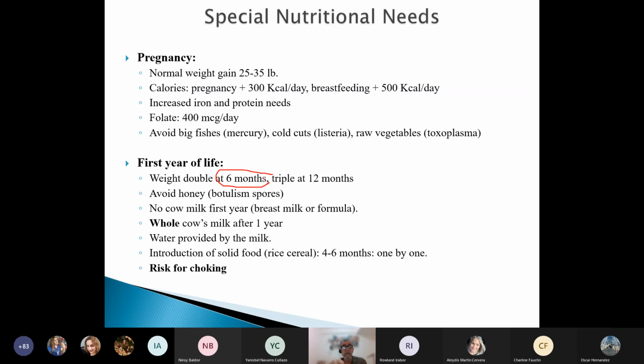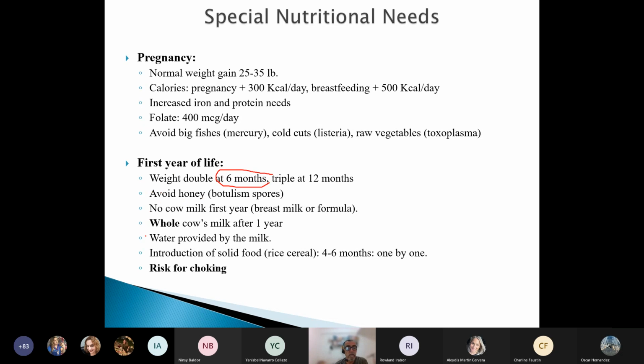Okay, don't forget the detail of the honey in babies: no honey until 1 year at least, okay? Because honey can contain botulism spores, and for that reason, they can develop neonatal botulism or infant botulism. No honey in children, okay?